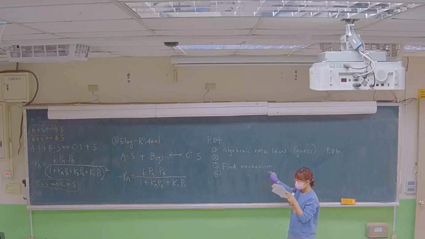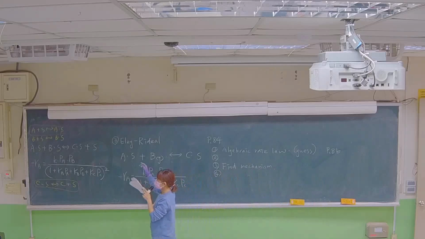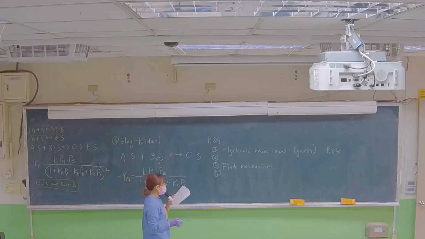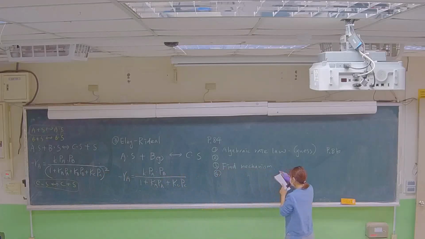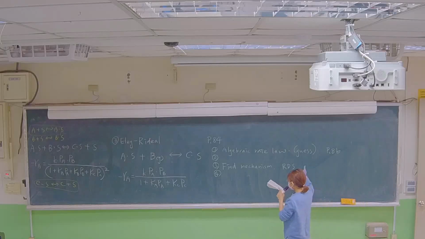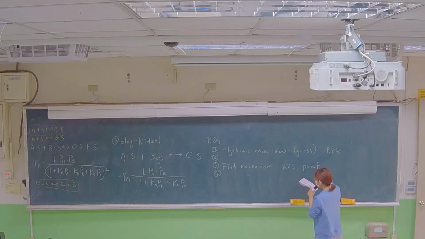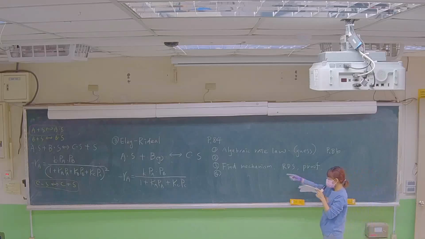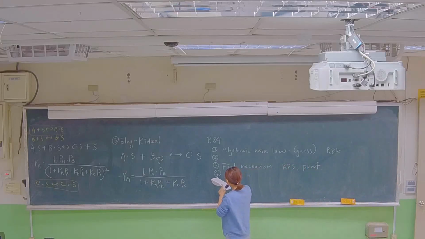That means you have to tell me what is the adsorption step, the surface reaction step, and the desorption step. Other than the mechanism, you have to determine the rate limiting step. And then you should prove the mechanism fits your rate law. I will show you this now. And the last one, we can design a reactor.